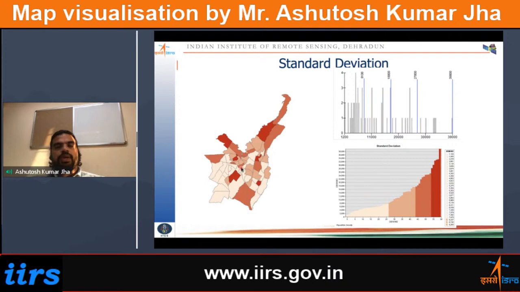The same can be done with indicators like access, education, accessibility, and so on. So if you want to show this kind of socioeconomic indicator disparity, the standard deviation classification technique is one of the ways to do that.